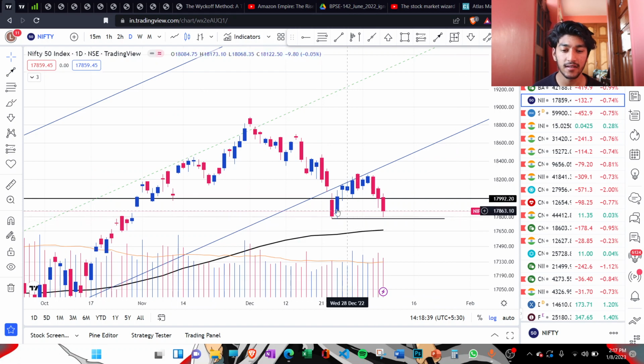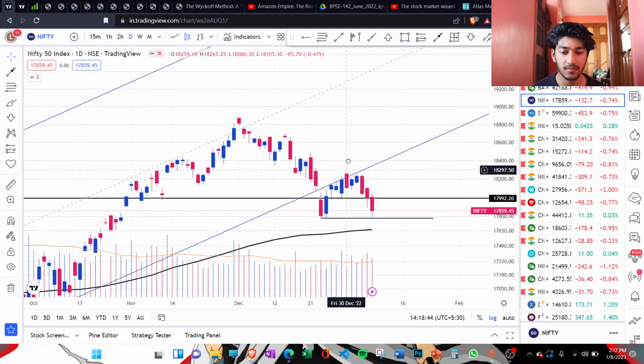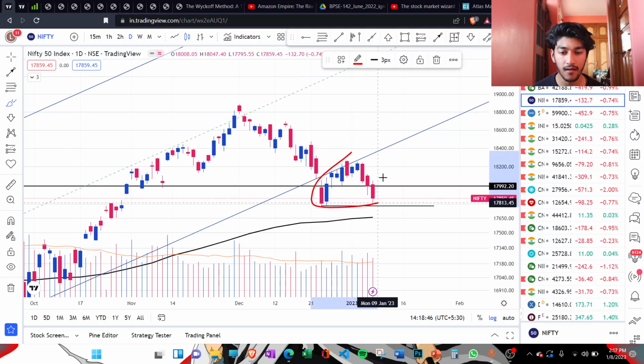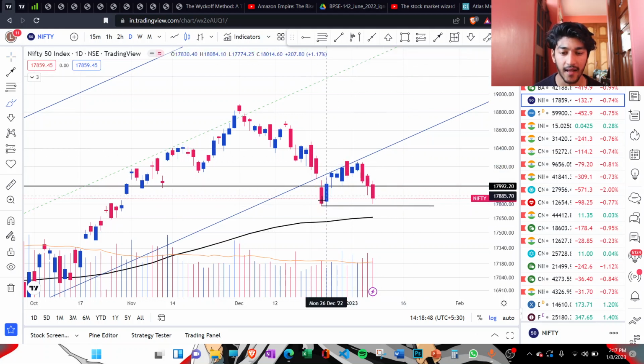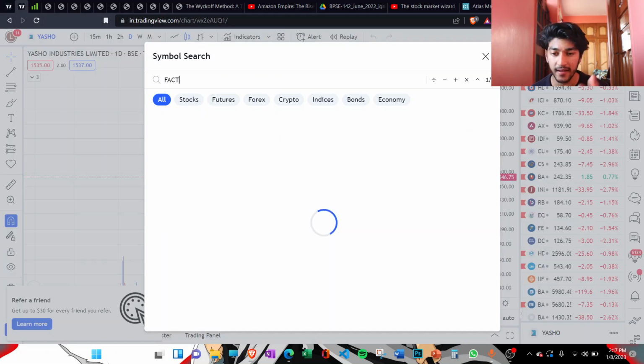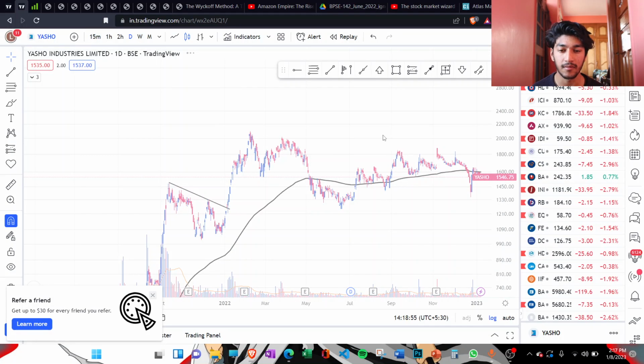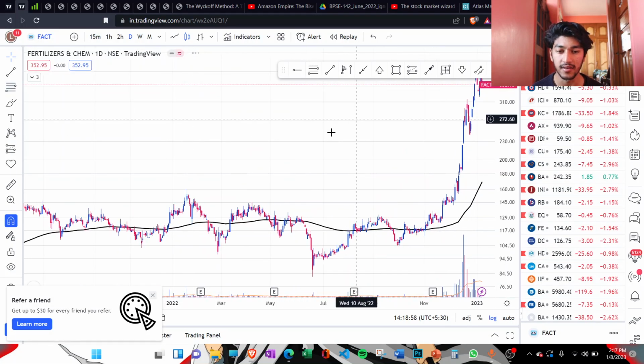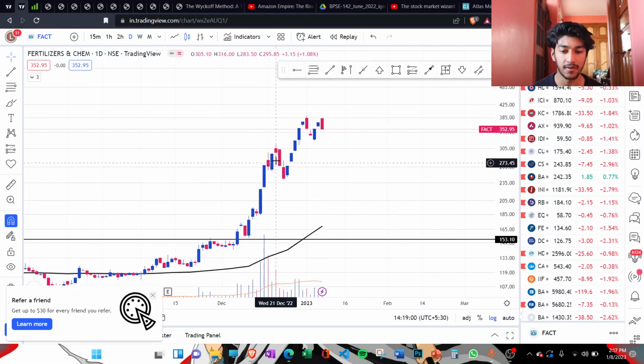Because even if it gives you just a small kind of move, like that happened here, if you got the leader right, like in this case, the fertilizers were the leaders. So this was the dip on 23rd December.